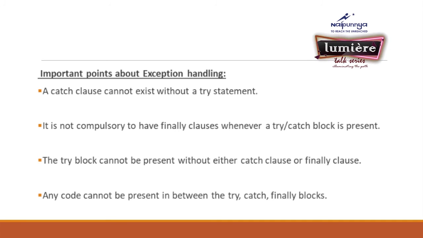We have try-catch statements that are used to handle exceptions. Without a try block, we cannot use the catch block, and we cannot use a try block without the catch or finally blocks. It is not mandatory to use the finally block. These are some points that you need to remember while handling exceptions.